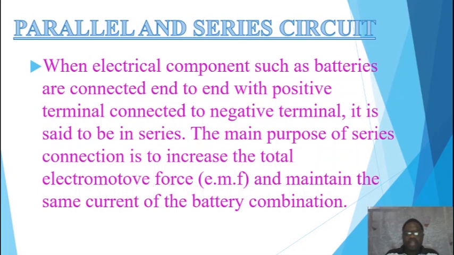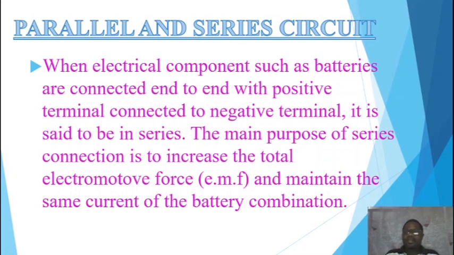Now, there are some electrical components like battery, resistors, even the lamp, like bulbs. So when those electrical components are connected, for instance, the battery connected end to end. End to end means that the positive terminal is connected to the negative terminal, from one to another in such order.